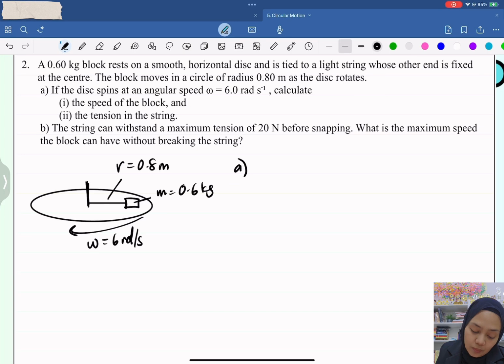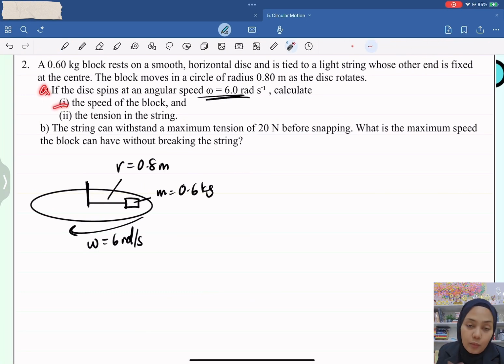So question number 1A: if the disc spins with the angular speed here, calculate the speed of the block. We have to change the angular frequency of this rotational motion into tangential velocity.